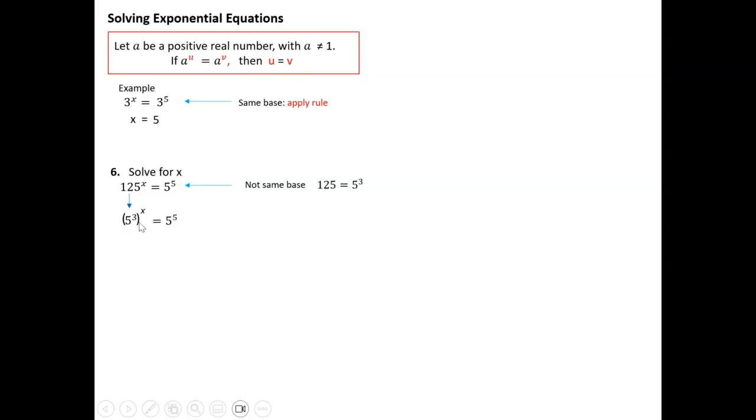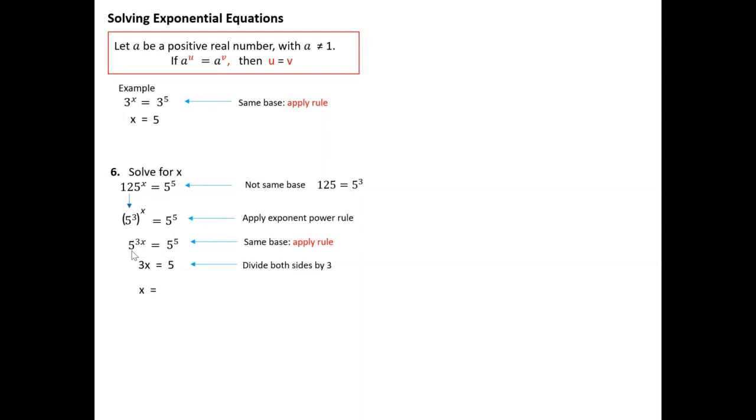Now here, we're going to apply the exponent power rule, which means when you have a base to a power raised to another power, you multiply the powers. Now we got the same base, so we can apply the rule. We let the exponents equal each other. So 3x equals 5. Divide both sides by 3. So x equals 5 over 3.